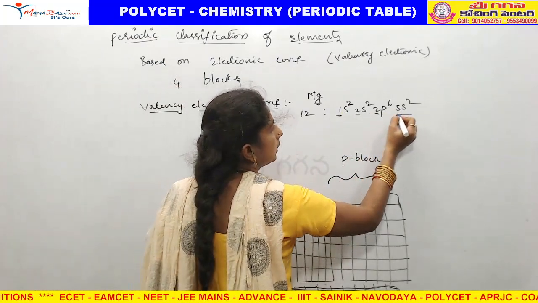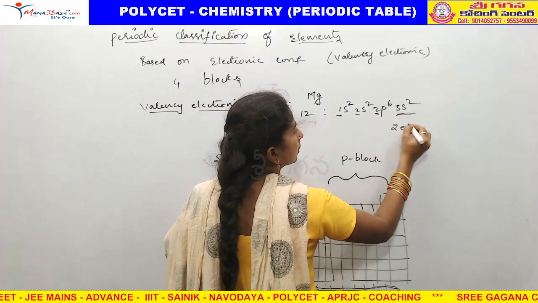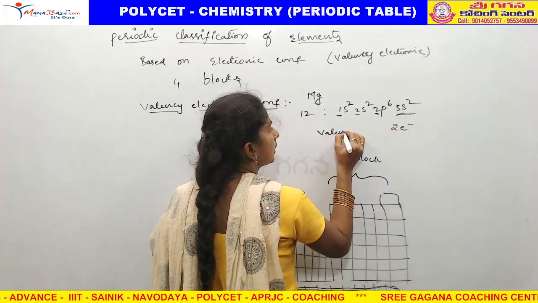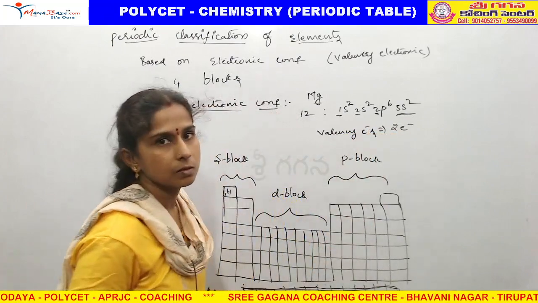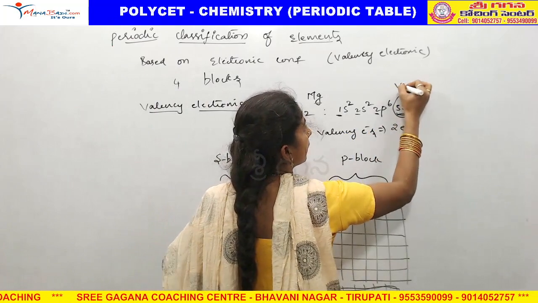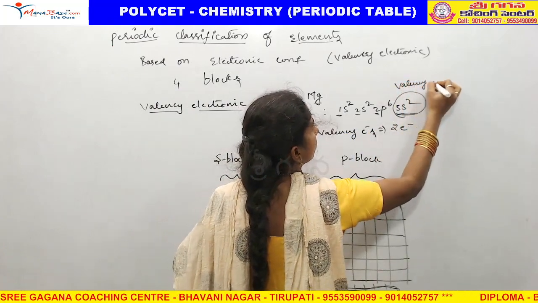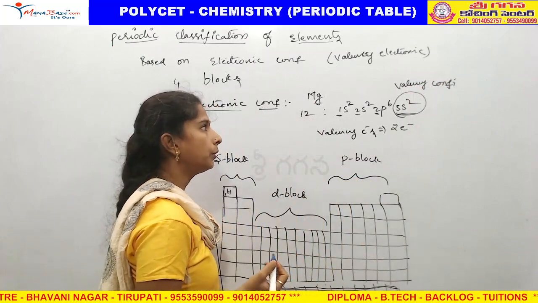Third shell. In the third shell, how many electrons are there? 2 electrons. These are called valency electrons. This 3s2 is called the valency configuration. I hope you understand.